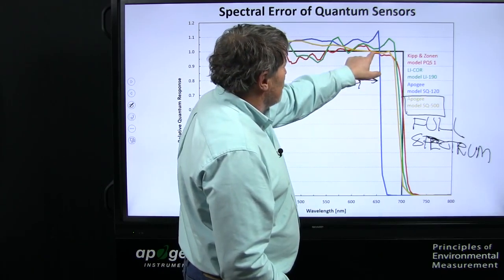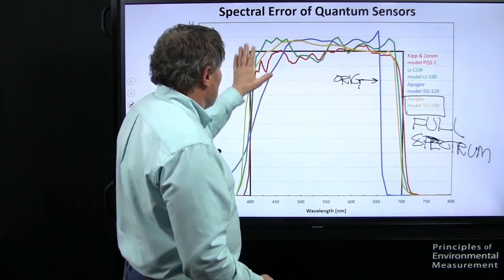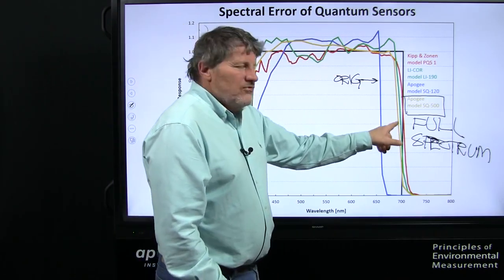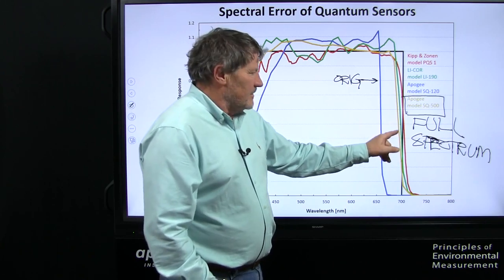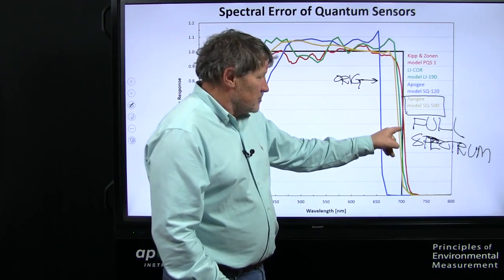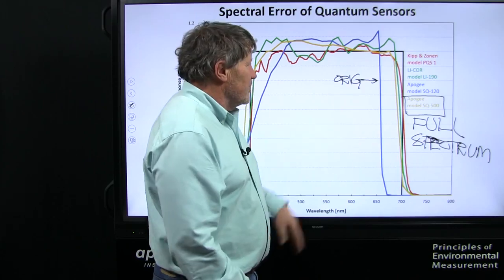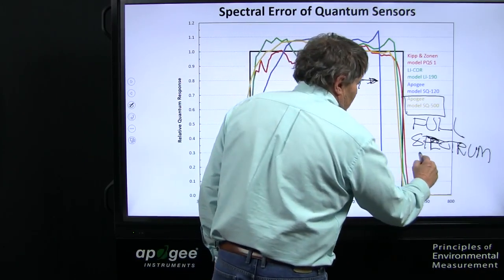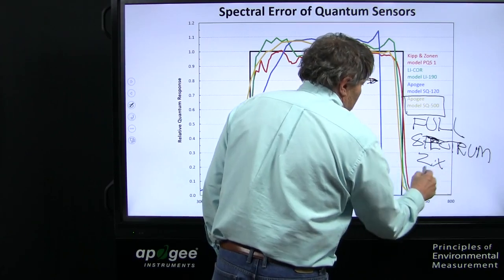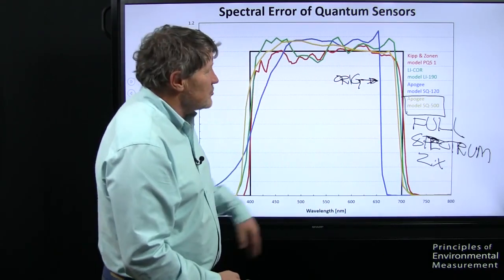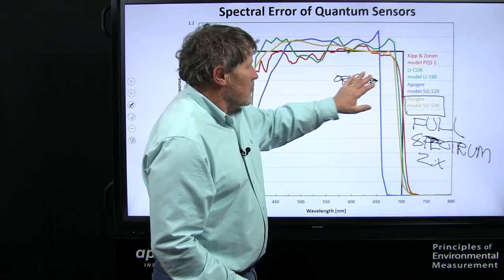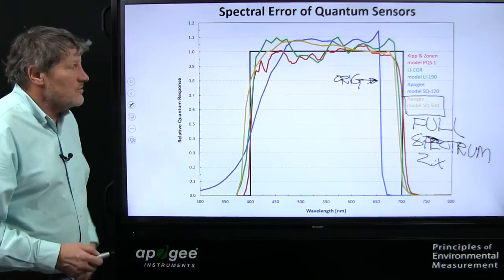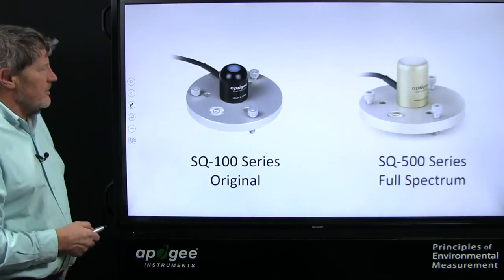So you can see the gold, the green, and the blue lines are all very similar, but it comes up better here. If you need to measure red LEDs or LED spectra, this is better than the original, but the difference in cost for the full spectrum is about 2 times as expensive. So all of these are quite a bit more expensive than this, but if you measure LEDs, you need them.